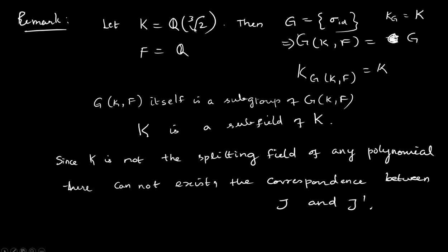And in the case of cube root of 2, we know that this is already established in the roots of polynomials section, that your automorphism group will consist of only one element, namely identity. So your G of K over F will also be G only.